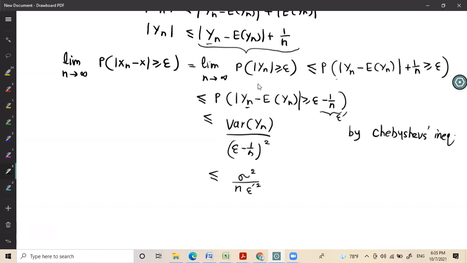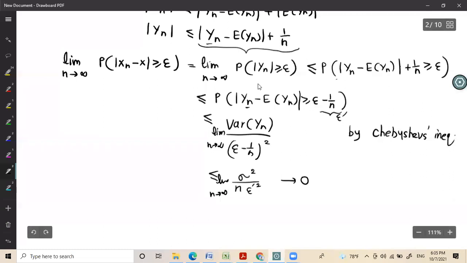Now what will happen to this? You have the limit here, right? So in front of all these things, write the limit as n goes to infinity. When n goes to infinity, your n is at the bottom, so you have 1 over infinity, which is going to be 0. And that is exactly what we want to show.